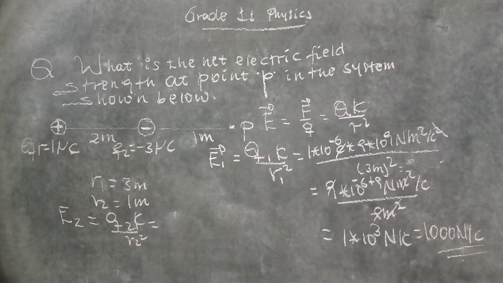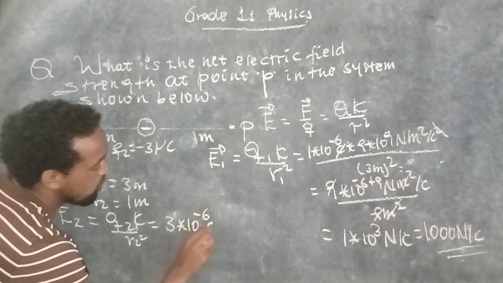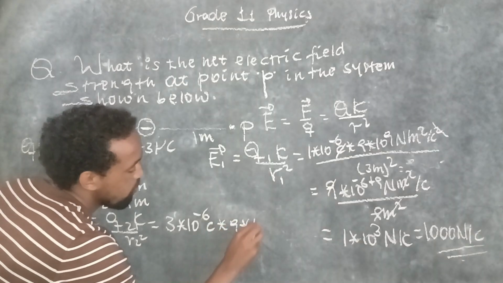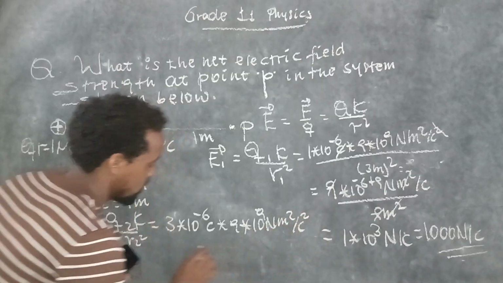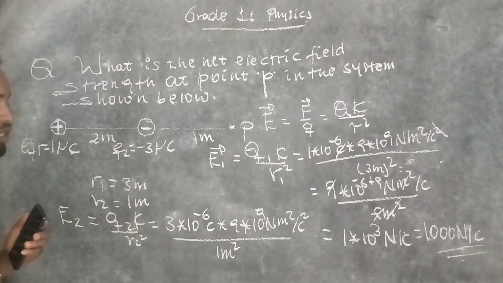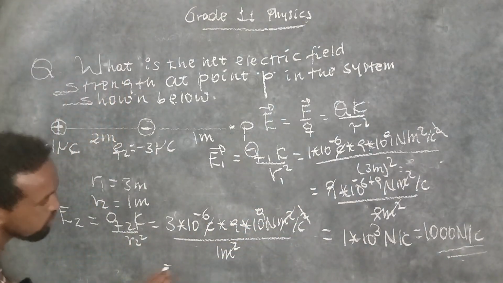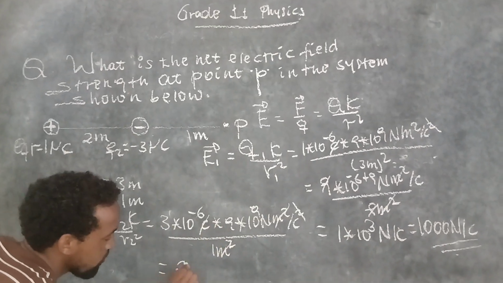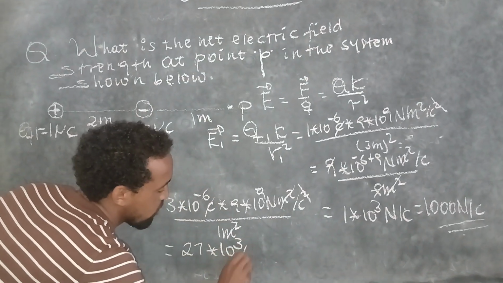This one has an excess of electrons, indicating it is negative. So it is 3 times 10 to the power of minus 6 coulomb times 9 times 10 to the power of 9 newton meter squared per coulomb squared, divided by the distance between them, 1 meter, and 1 meter squared is 1 meter squared. Meter squared cancels meter squared, coulomb cancels, and it equals 3 times 9, which is 27, with the power of minus 6 plus 9 being 3, so 27 times 10 to the power of 3 newton per coulomb.